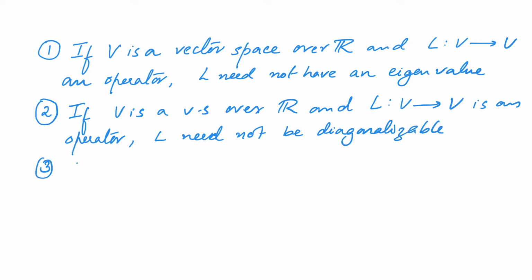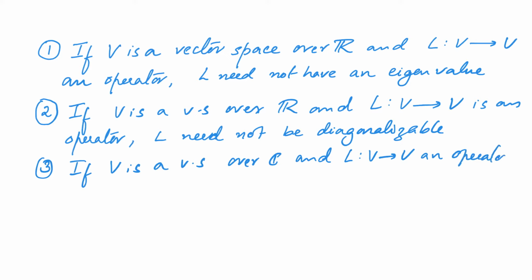However, we saw that if V is a vector space over C and L from V to V is an operator, then L has an eigenvalue. Therefore, we suspected that if V is a vector space over C, then any linear operator will be diagonalizable. However, we saw later that this is not true.